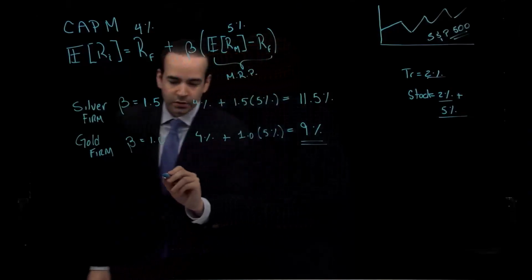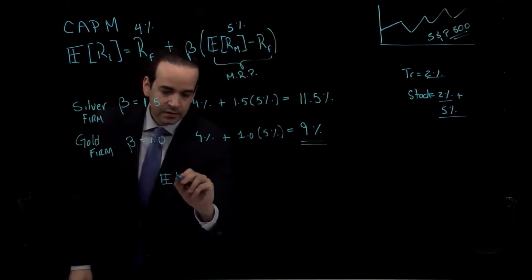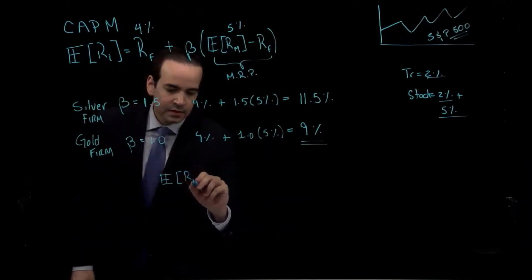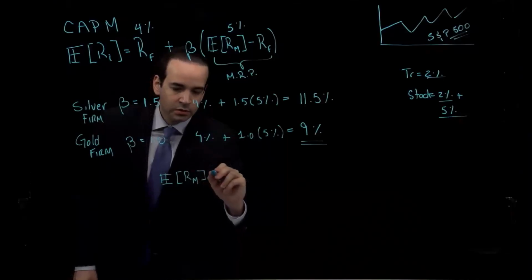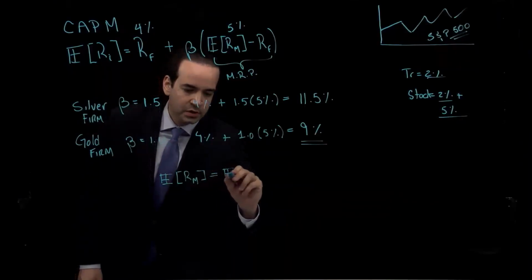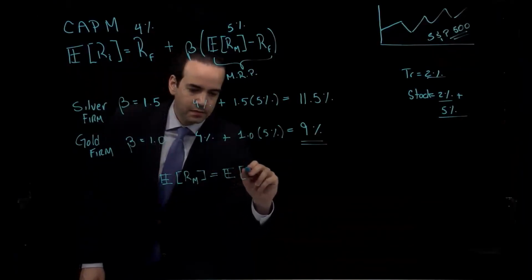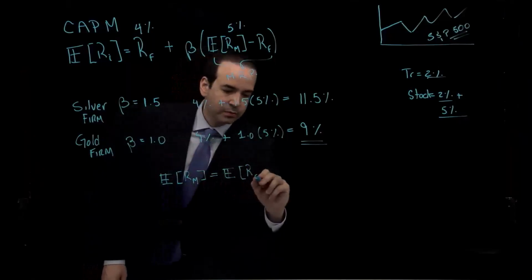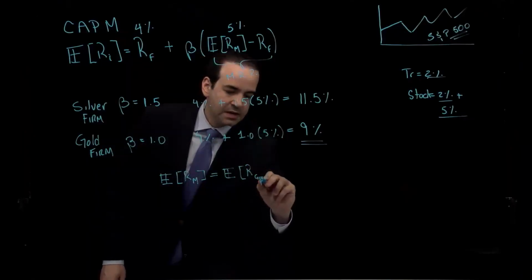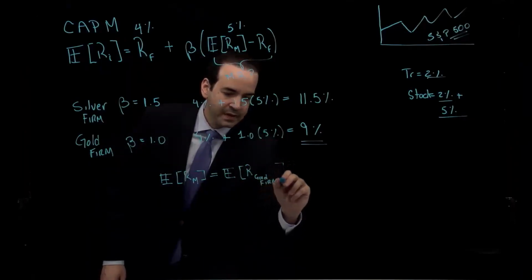So the expected return of the market will be equal to the expected return of this gold firm, right? Gold firm, because the beta is 1.